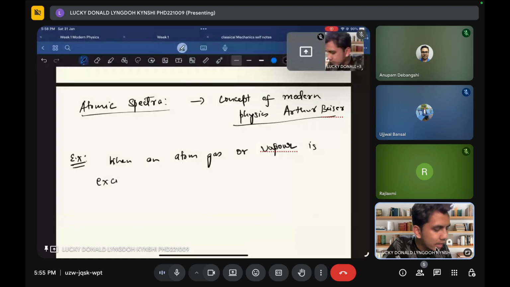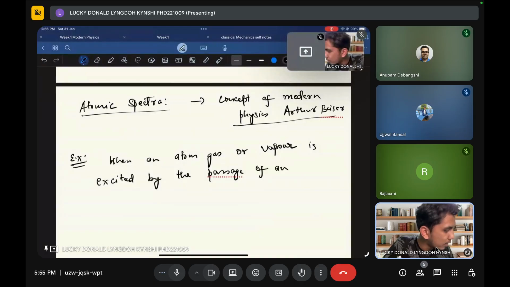Excited means they gain energy by the passage of an electric current through it.